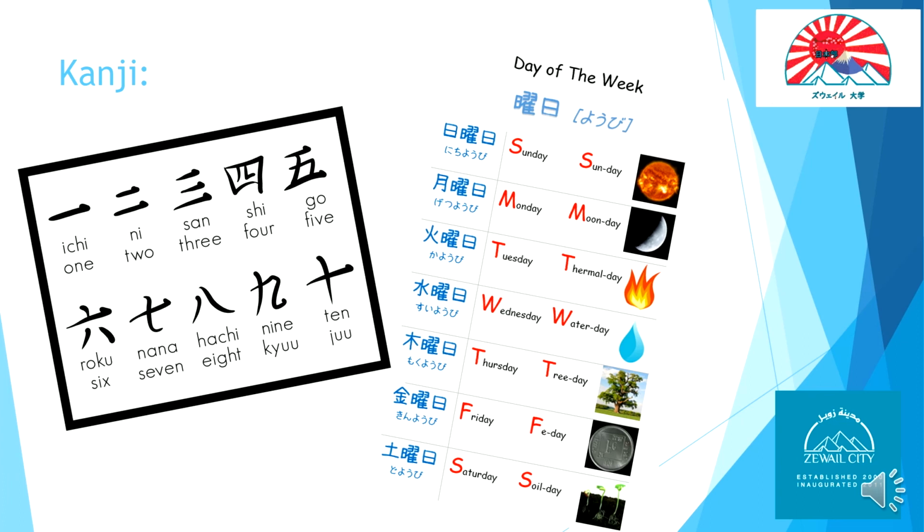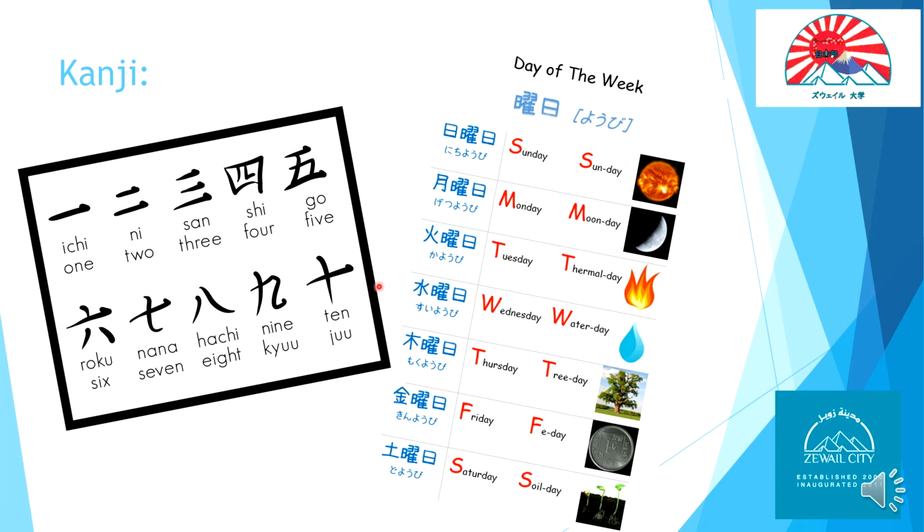Here you can see the days of the week: Nichi, Getsu, Ka, Sui, Moku, Kin, Do. You might be asking now why I'm not pronouncing those 2, which are also repeated on all 7 days. It's because this is Yobi, which means the day. So this is the day Sunday, the day Monday, the day Thursday, and so on and so forth.